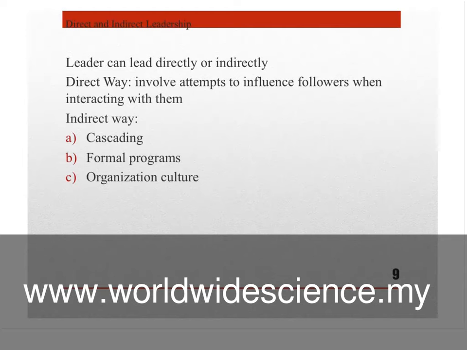Then the next one, which is the third form of indirect leadership, involves the influence over the organizational culture. As we said, every corporate has a culture, and that culture involves their values, missions, and all those things, and their beliefs.